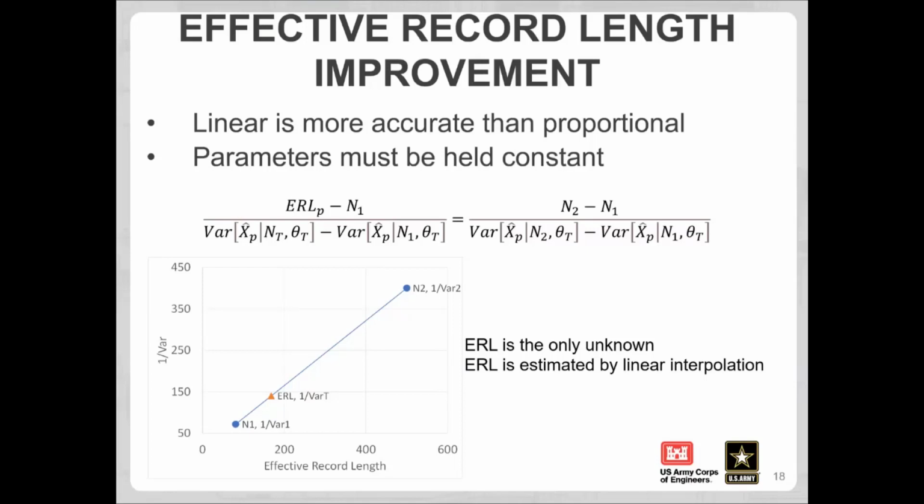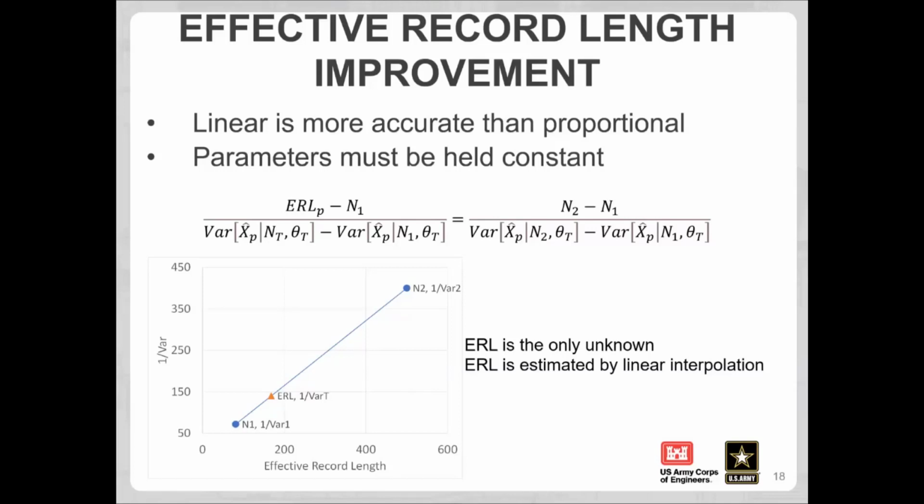So in implementing this method with these 2 improvements, it's really relatively simple. The equation's a little daunting there, but it's just a linear interpolation. So we can identify 2 points that have the same parameter estimates as our distribution. We can pick 2 record lengths at which we want to estimate the variance. That's all done behind the scenes in SSP. It's relatively simple to do.